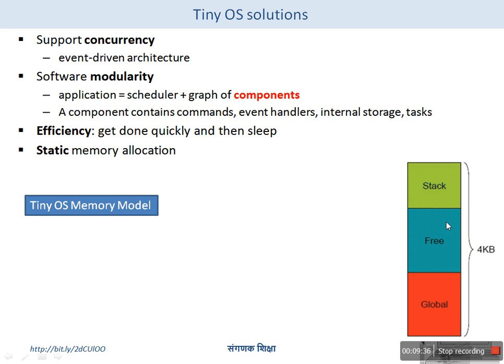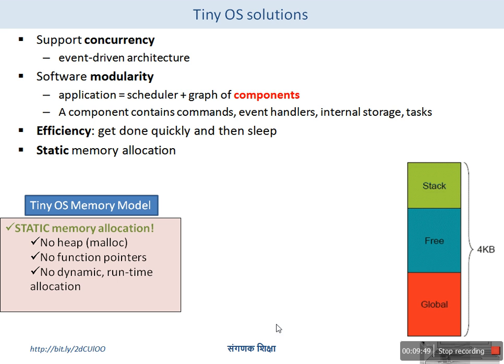We have some free memory space which is occupied by the user defined program, and we have a global memory space in which global variables and other variables are stored. So your static memory location is there, in which there is no heap, no malloc function, no function pointers, and no dynamic or runtime allocation. So all things are on its stack, functions are on a stack.